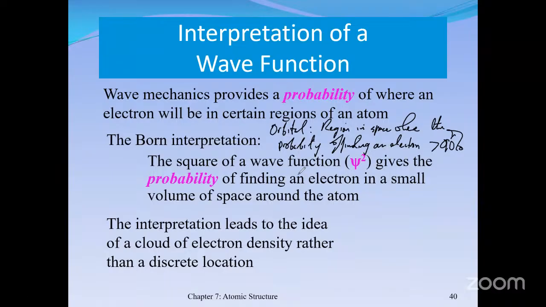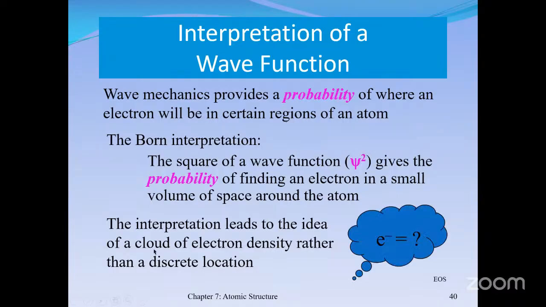So that's basically what an orbital is. The point here is that, as I said before, you cannot tell exactly where an electron is in an atom, according to Heisenberg. The best you can do is determine a region in space where the probability of finding an electron is greater than 90%. Different types of orbitals will have different shapes.